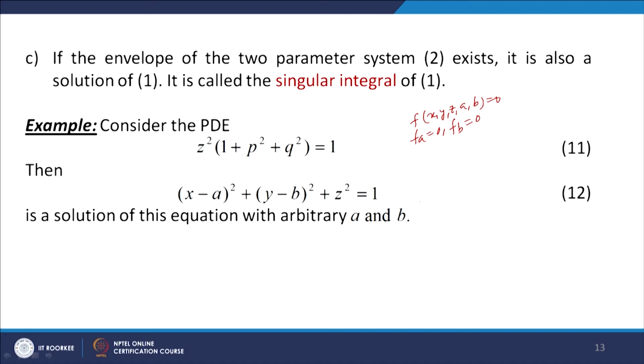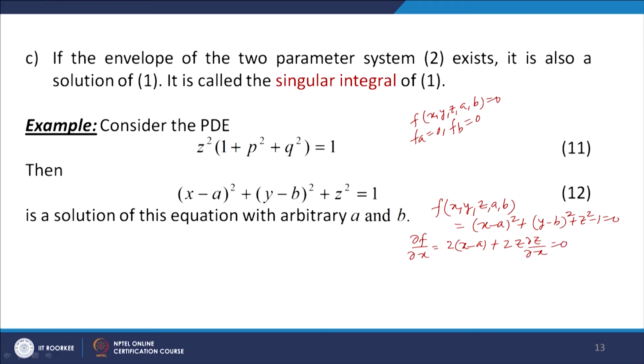So, let me write f(x, y, z, a, b) equal to x minus a whole square plus y minus b whole square plus z square minus 1 equal to 0. Let us differentiate it with respect to x. Then the partial derivative of f with respect to x gives 2 times x minus a, plus 2z into the partial derivative of z with respect to x.